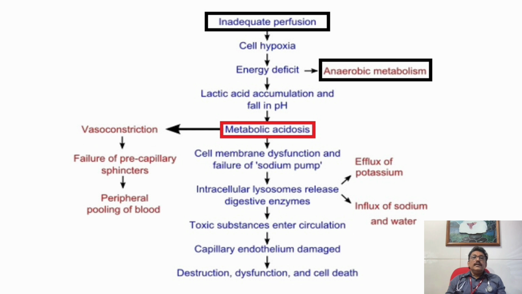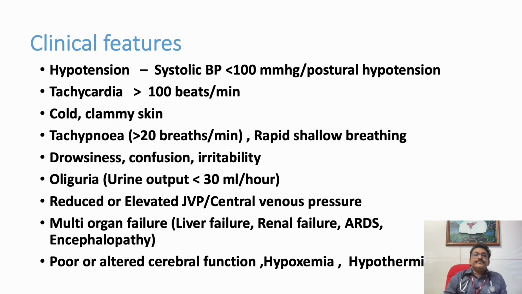Initially there was only a problem in the perfusion, and that leads to the capillary endothelial damage. In that step, the patient loses a large amount of volume from the intravascular compartment to the extravascular compartment through this damaged endothelium in the blood vessels. So that ultimately produces again further reduction in the perfusion and cell death.